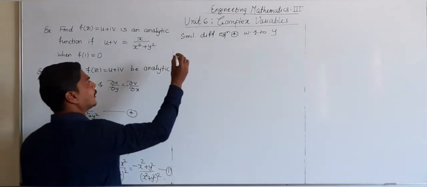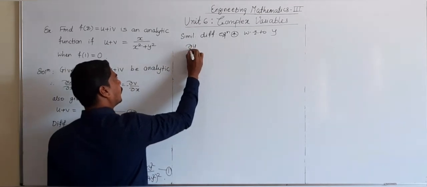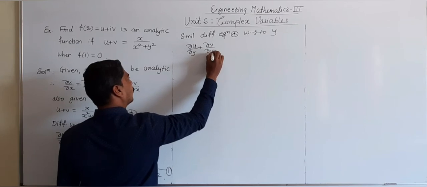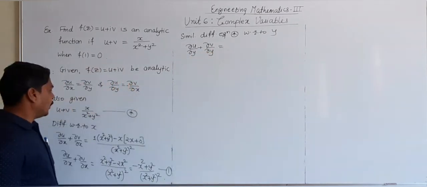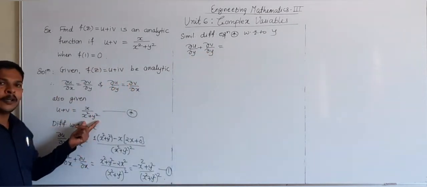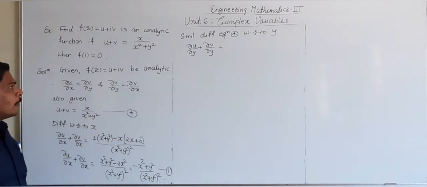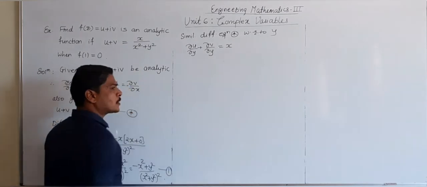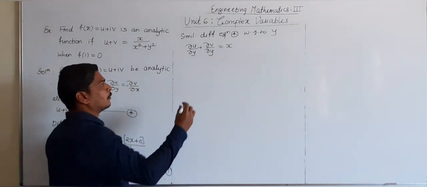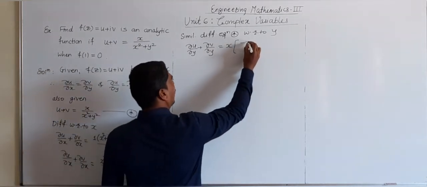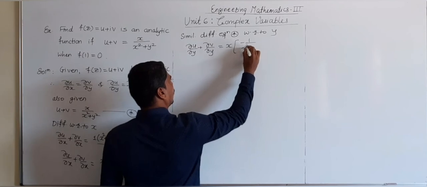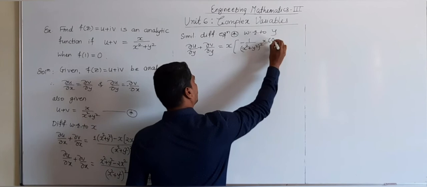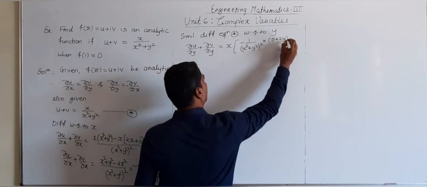So after differentiating with respect to y, we get ∂u/∂y + ∂v/∂y equal to, now here only the denominator function contains the variable y. So the numerator function, a constant, as it is, into the derivative of the denominator function, is −1/(x² + y²)² into 0 + 2y.